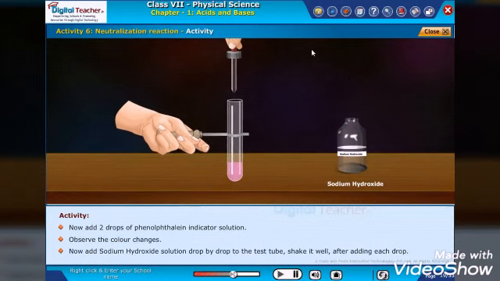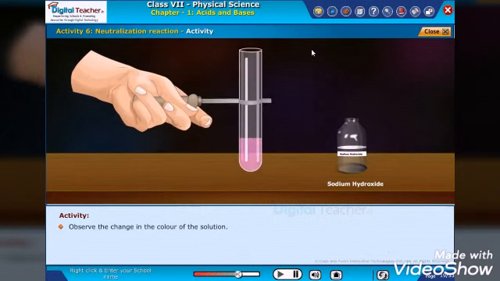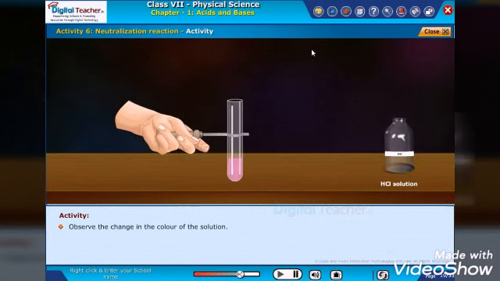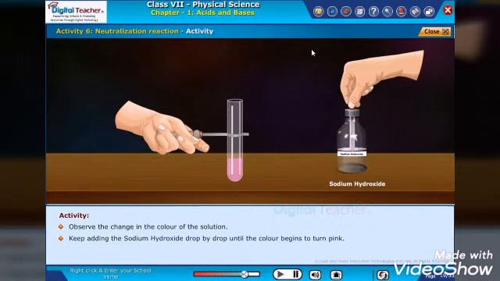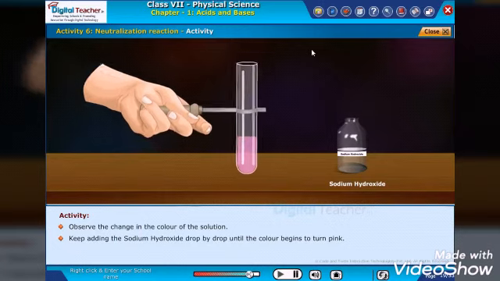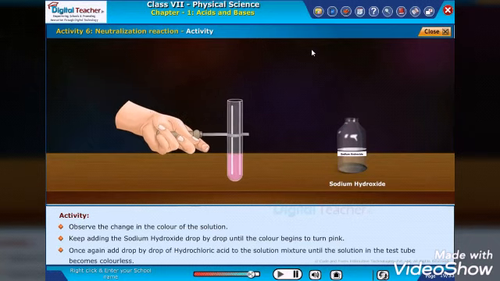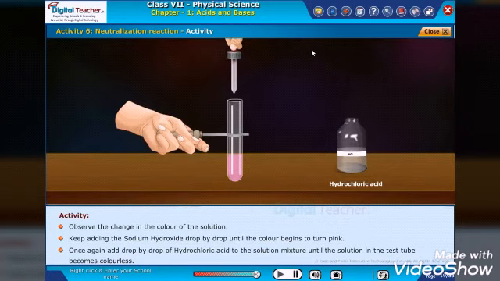Shake it well after adding each drop. Observe the change in the color of the solution. Keep adding the sodium hydroxide drop by drop until the color begins to turn pink. Once again, add drop by drop of hydrochloric acid to the solution mixture until the solution in the test tube becomes colorless.